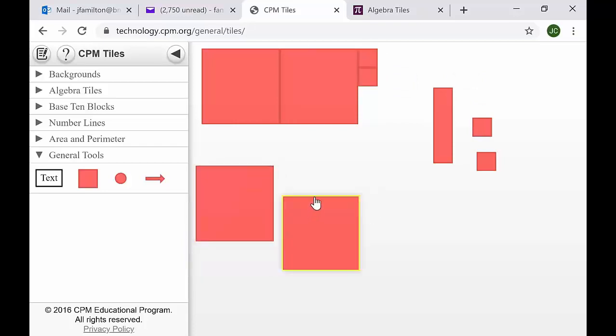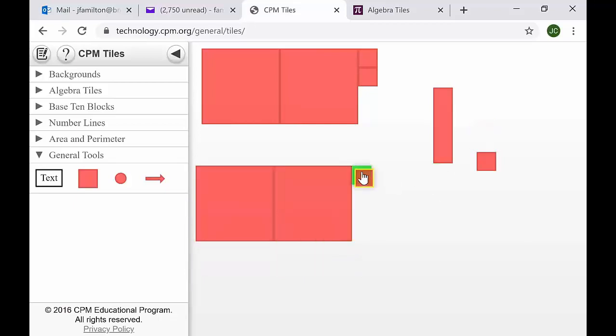And then similarly, we can do here, 98, 99, 100. So now we have 2 base 10 flats. And we don't have any 10s because this is not a base 10 rod.